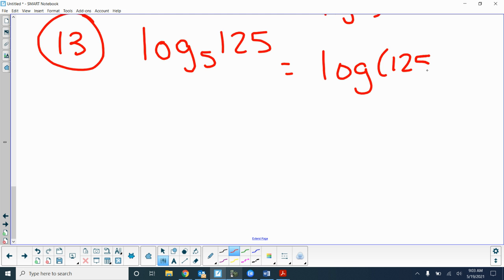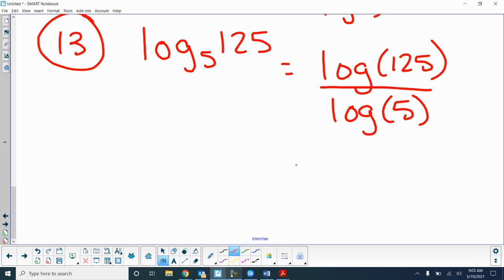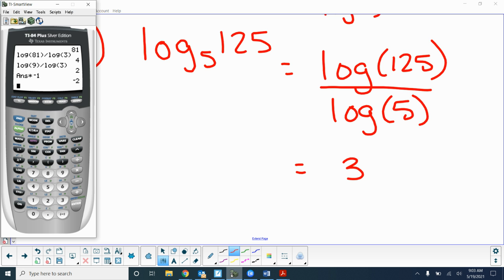Log of 125 divided by log of 5, which is 3, I believe. Let's see. Log 125, close it up, divided by log of 5. Okay.